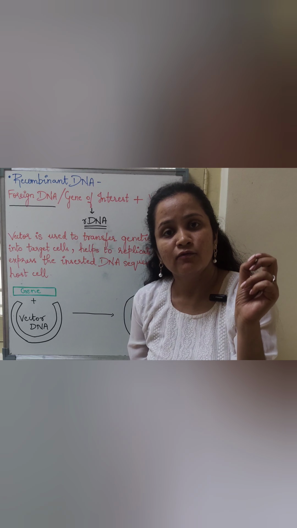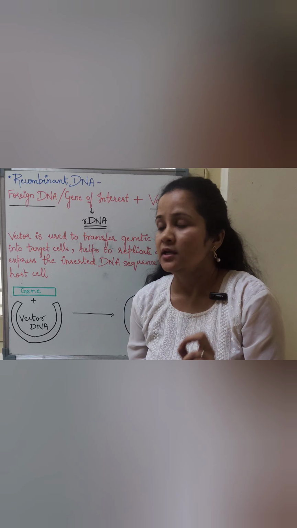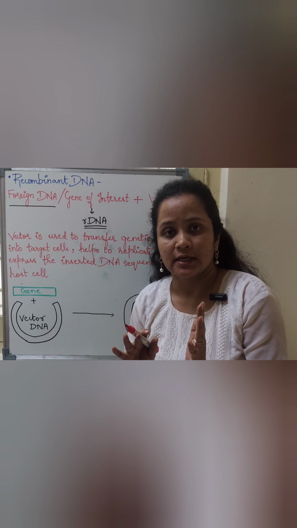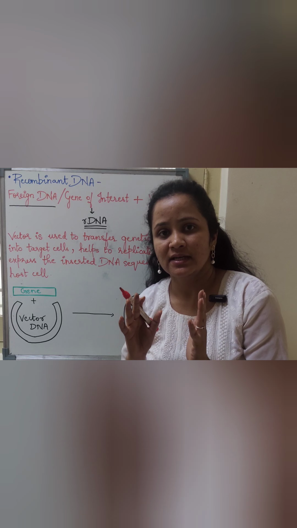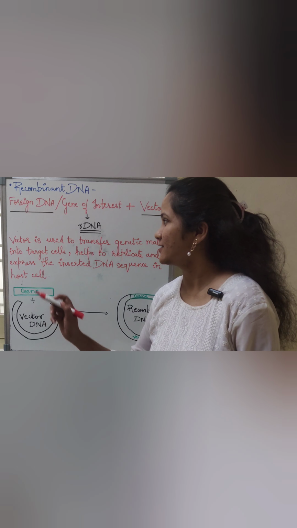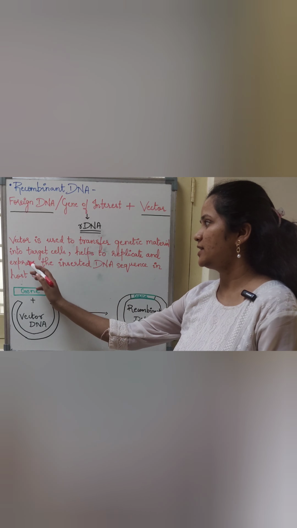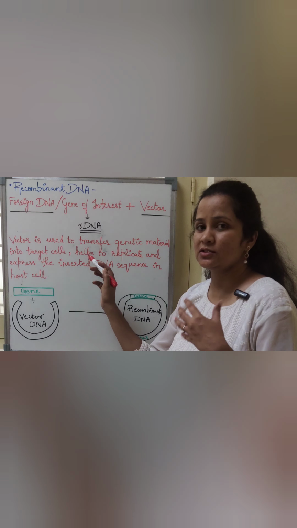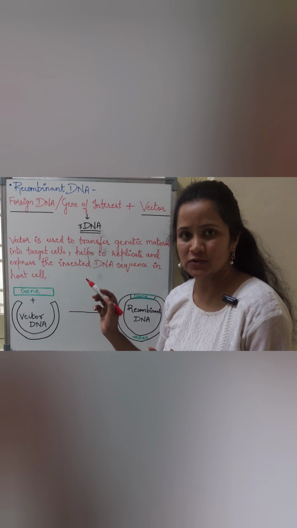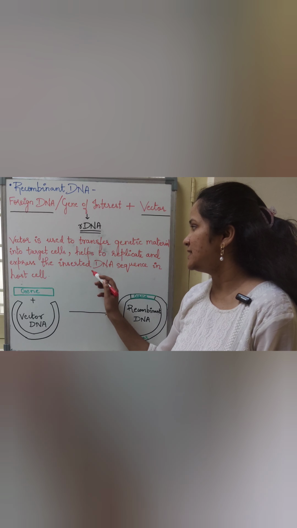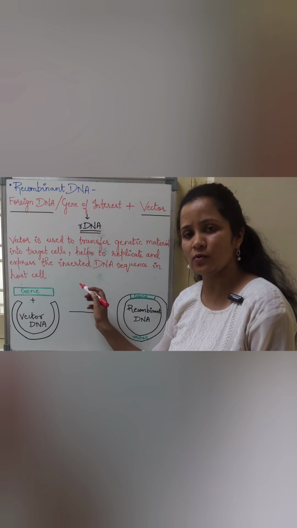Here there is no involvement of the host yet. We are just seeing the foreign DNA combining with the vector, that is recombinant DNA. So what is a vector? A vector is used to transfer genetic material into target cells. The target cell is nothing but the host. It helps to replicate and express the inserted DNA sequence in the host cell.